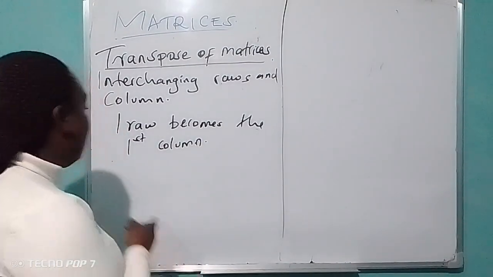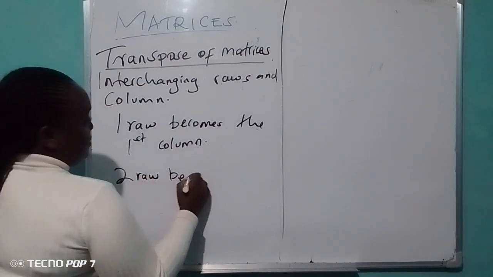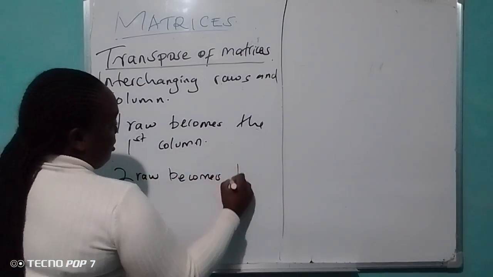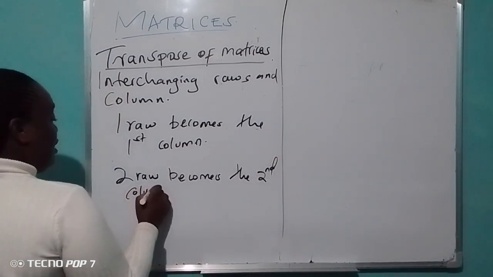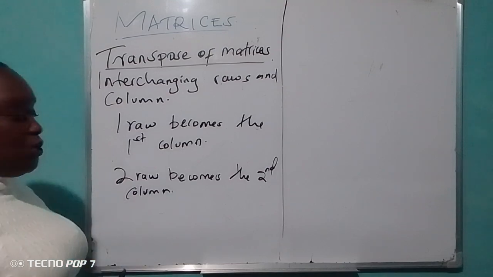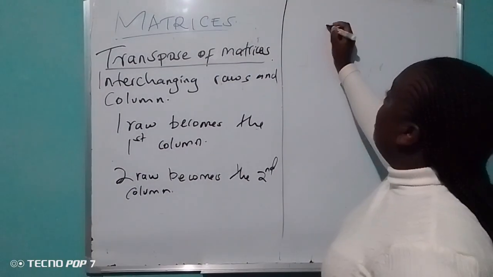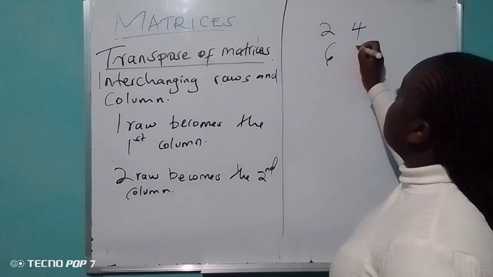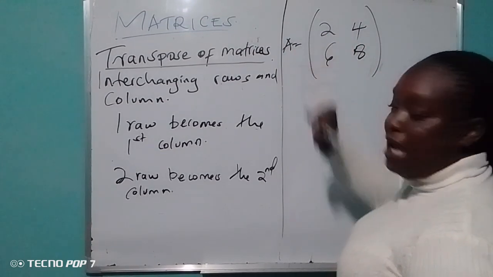Hivyo, the second row becomes the second column. Hivyo na kuendelea, sawa? So in this case we were saying that we are doing a 2 by 2 matrix. For example, this 2, 4, 6, 8. This is matrix A.